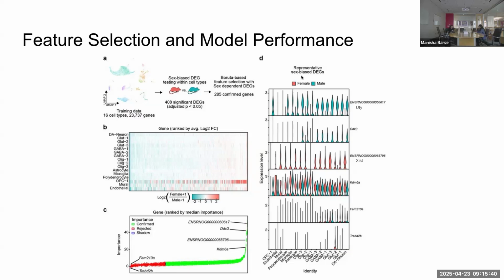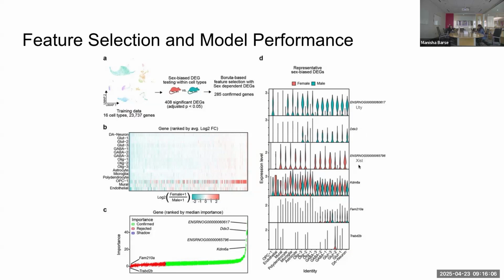In panel D, this is the violin plot representing the expression levels of different genes in the 16 cell types. The highly expressed genes, which you can see in panel C, these 4, are the highly expressed genes.